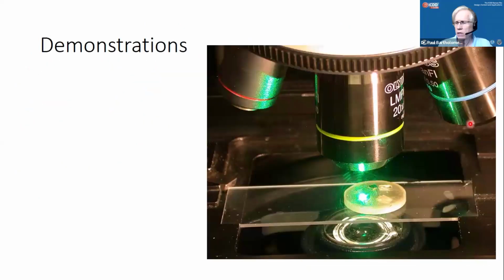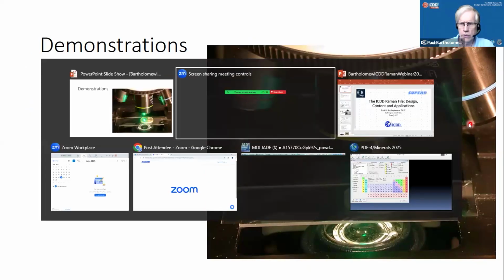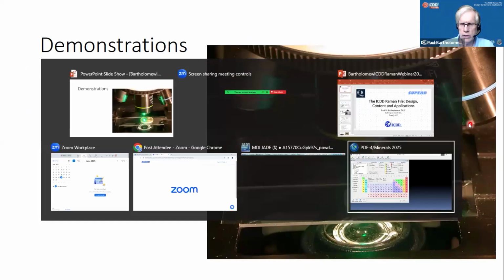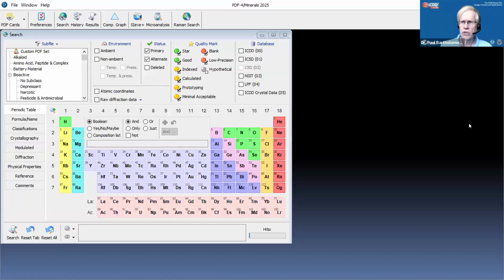All right, going to do a couple of demonstrations on what you can do using the software available from ICDD. Let's start with the PDF software, the software that comes with the PDF. Again, starting 2025, there is now a button that says Raman Search. We click on that.